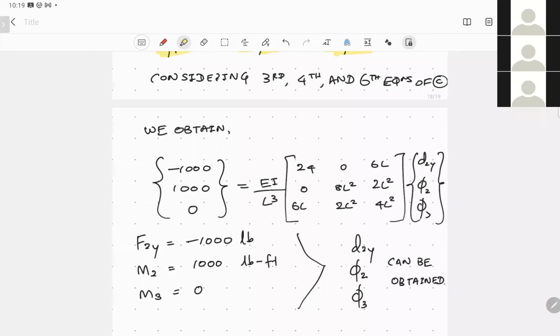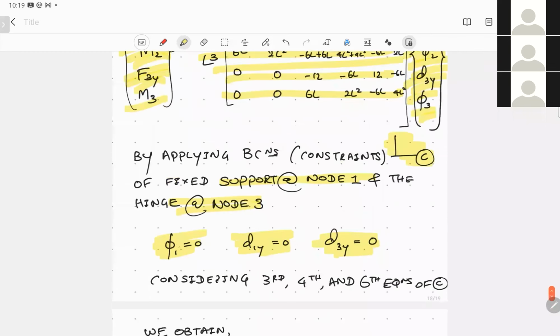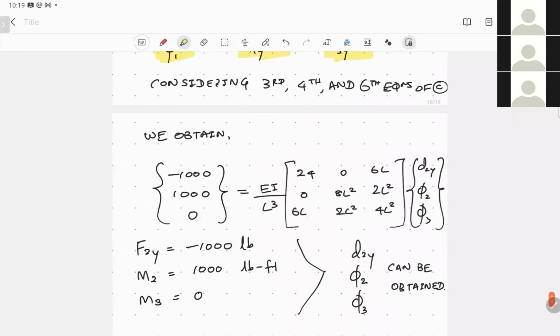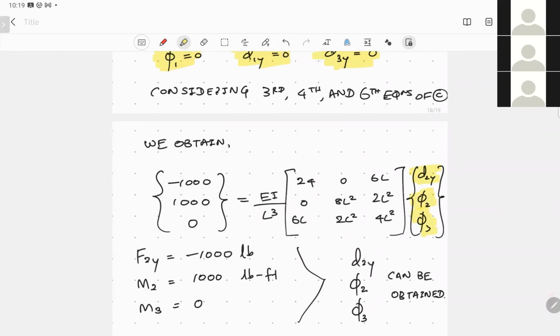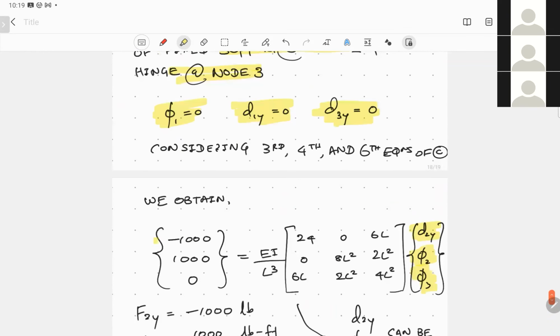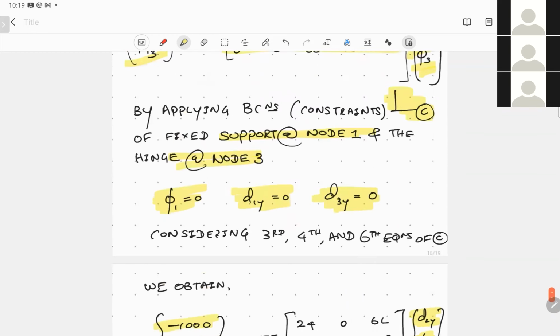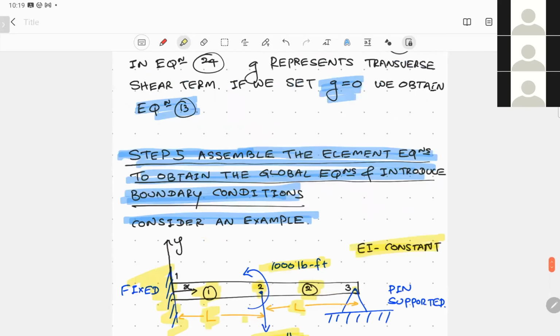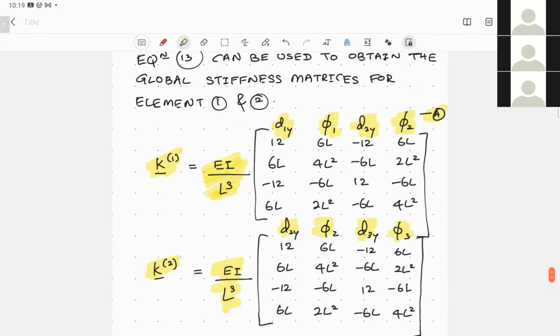So you simply skip out phi 1, d1y, and d3y, and of course reduce the equations by considering these degrees of freedom at node number 2, as well as the rotation at node number 3, and apply the corresponding boundary conditions. Here the force is negative because it is acting in the negative direction based on our sign convention. The moment is positive because it is in the anticlockwise direction.